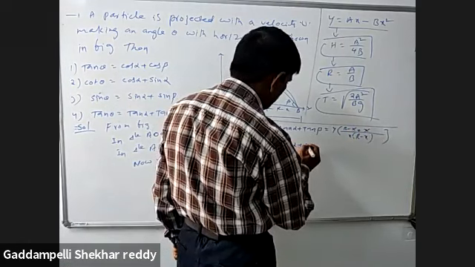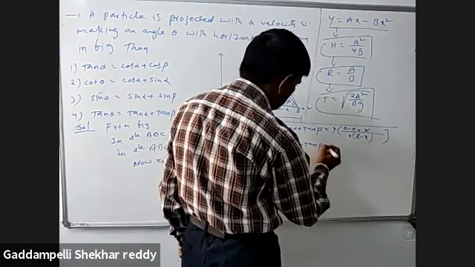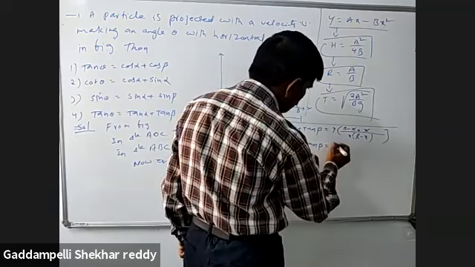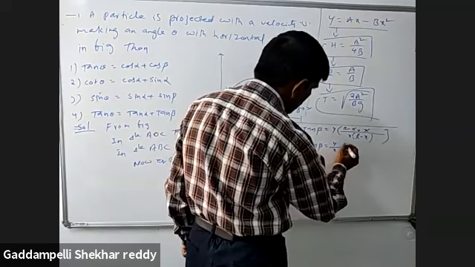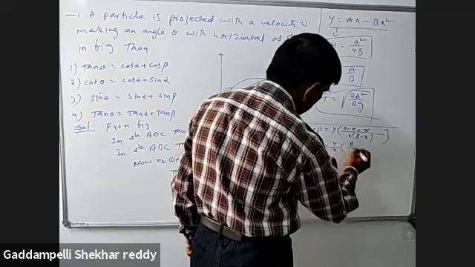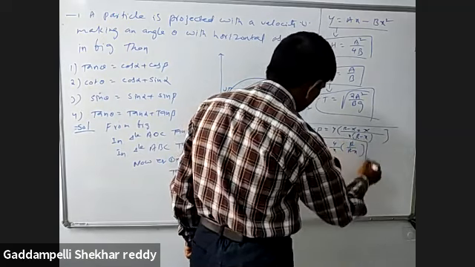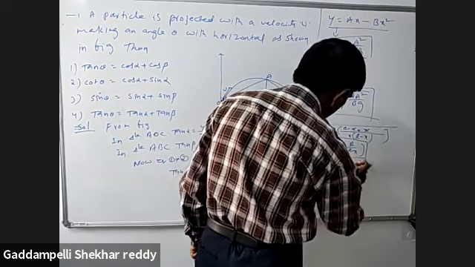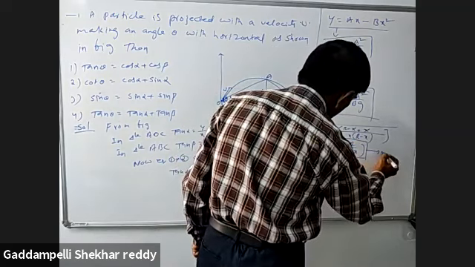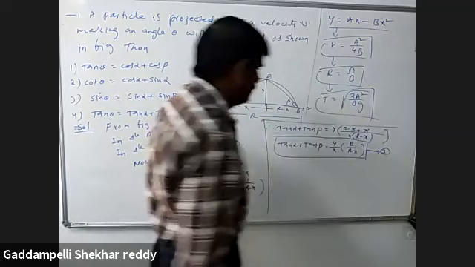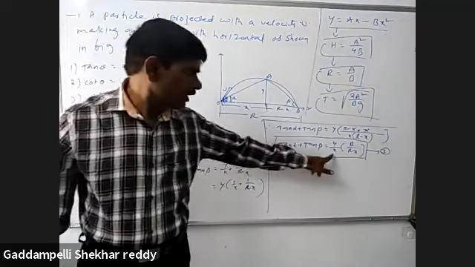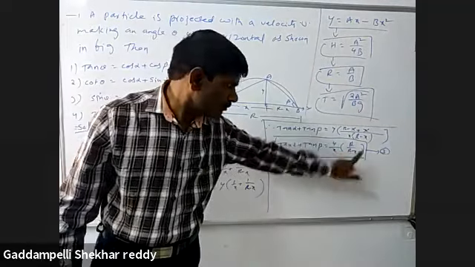Tan alpha plus tan beta is equal to y by x, r by r minus x. Tan alpha plus tan beta is equal to how much? y by x of r by r minus x.